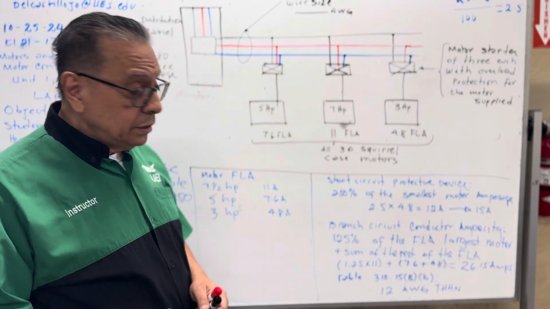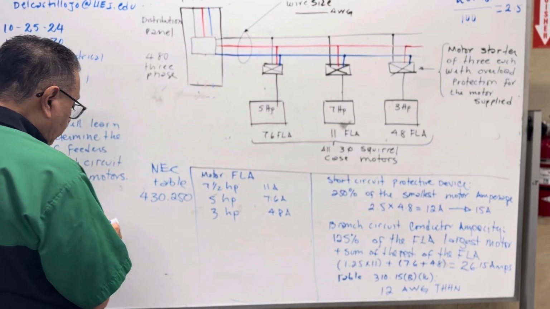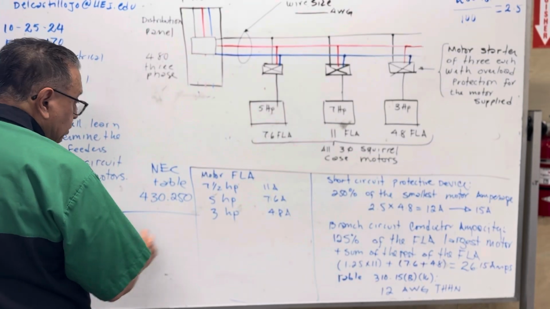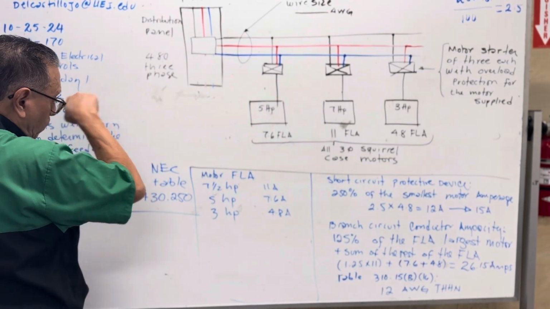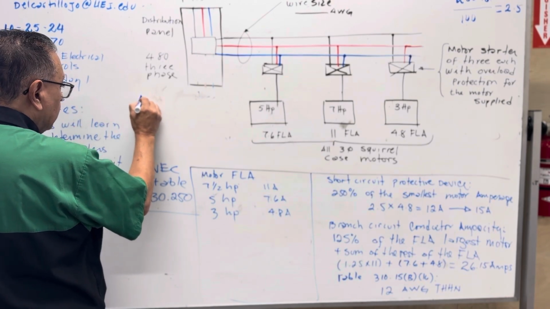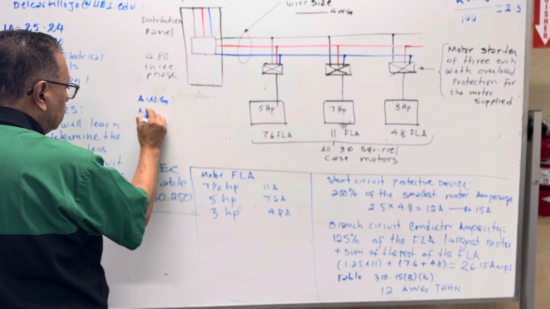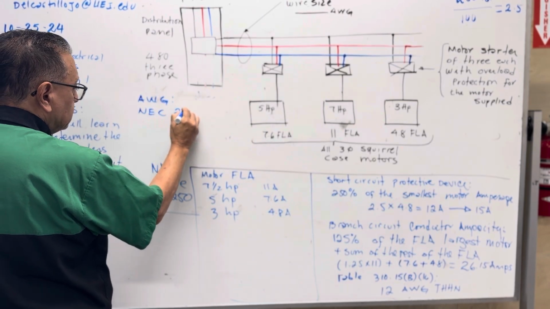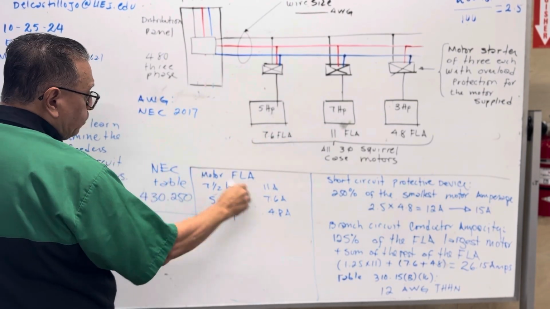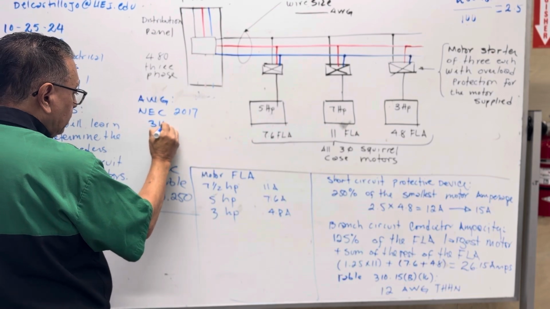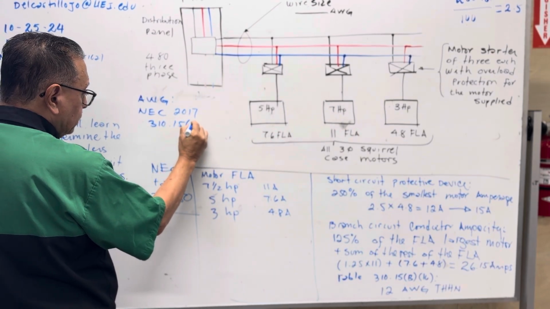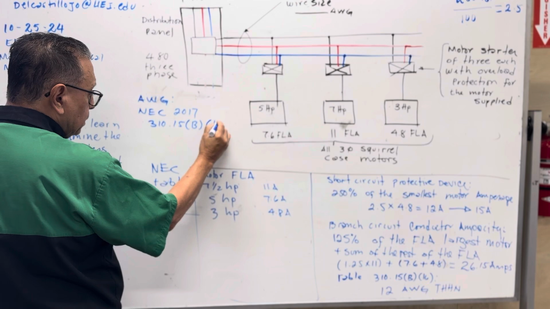To determine the gauge, the American Wire Gauge, if I am using the NEC 2017, the table is 310.15(B)(16).